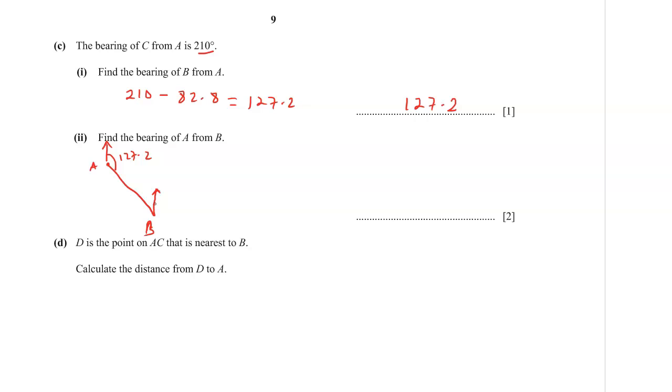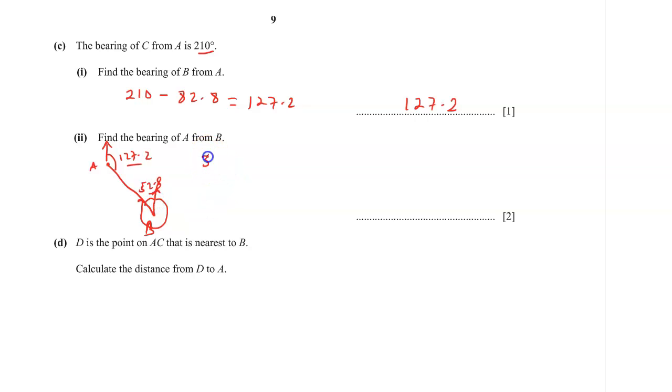Therefore, we want this angle here, and we know that this angle here is 52.8, so that when you add this and this, you get 180. So we want the bearing of A from B, so this angle all the way from here to here.